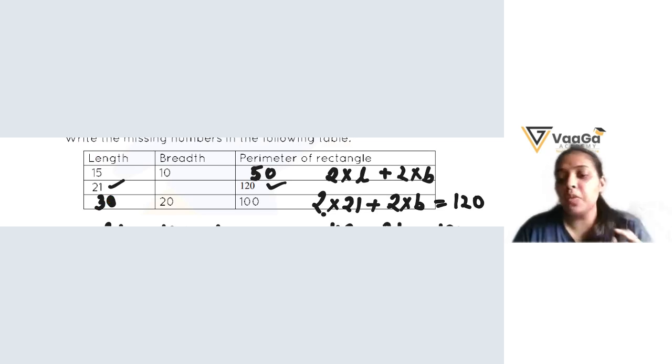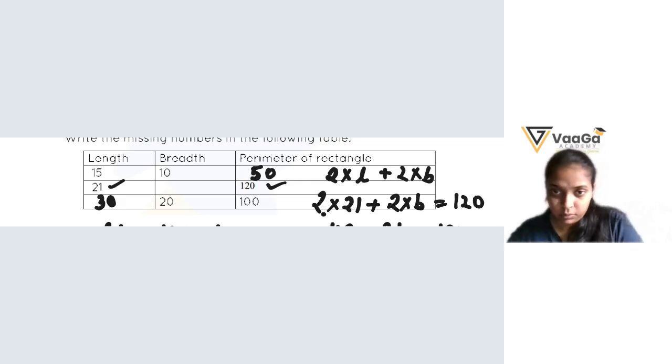Very good. Okay. So Vallabh, for today we'll keep it till here only. Can you tell me what you learned in today's class? Perimeter and area. Can you tell me the difference between perimeter and area?